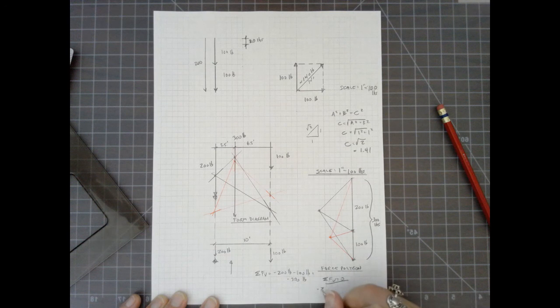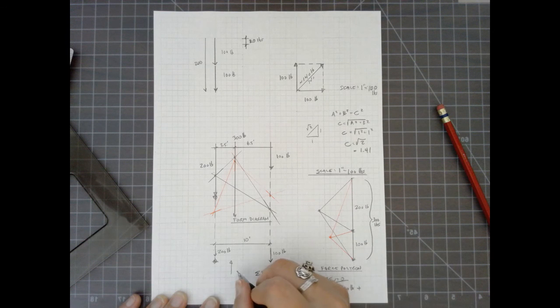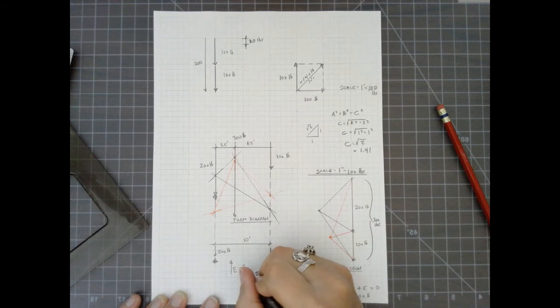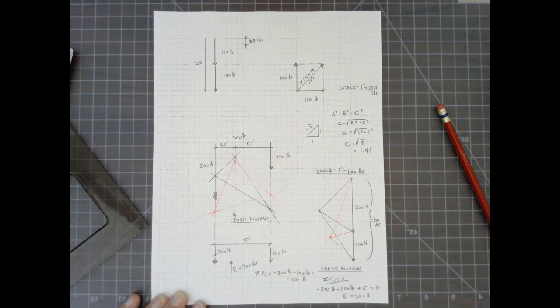I've got negative 200, minus 100 pounds, that's down 100, plus this equilibrium force here, the balancing one. So the value of E has to be equal to 300 pounds. It's the total of what's going down. So this is linear equilibrium right here.